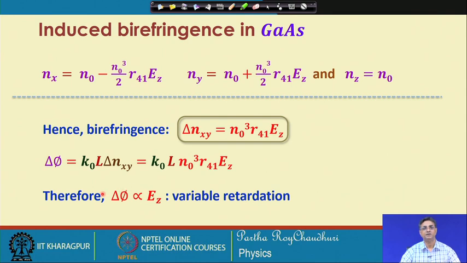Then depending on this z direction you will have x and y, and the new x and y system, depending on the direction of the electric field, will see the birefringence. This birefringence can be used for modulator application, but there is no other choice apart from this when it is set as a longitudinal modulator system.